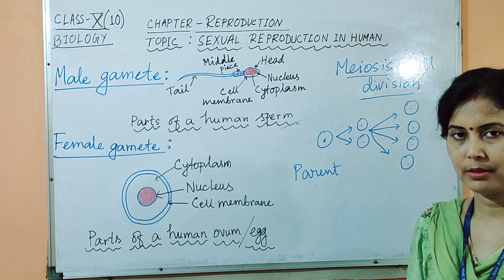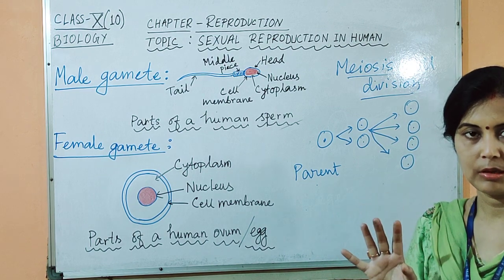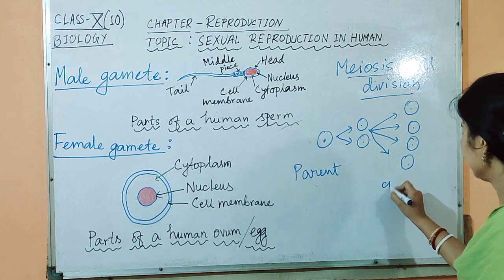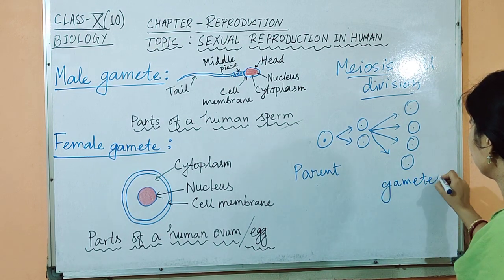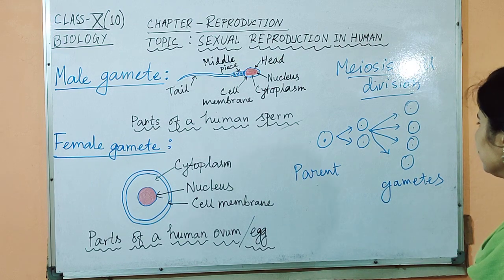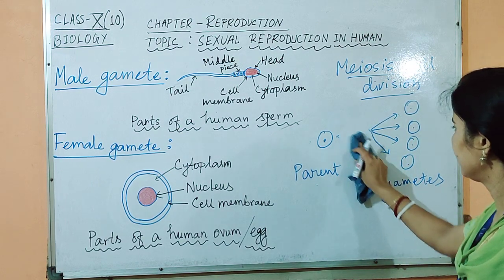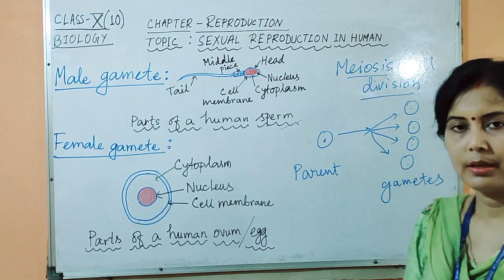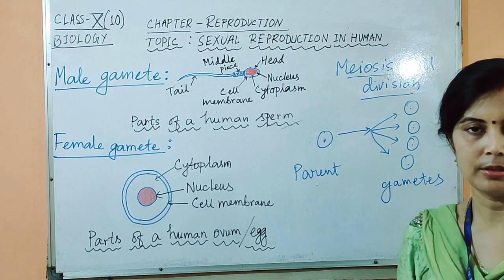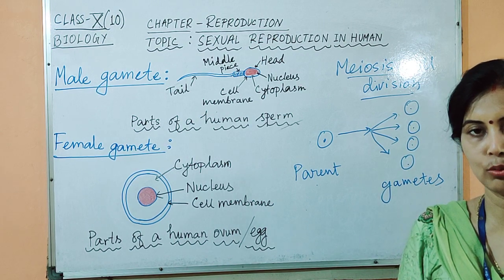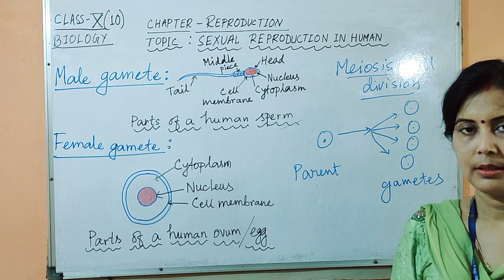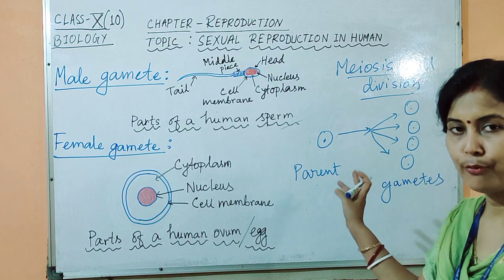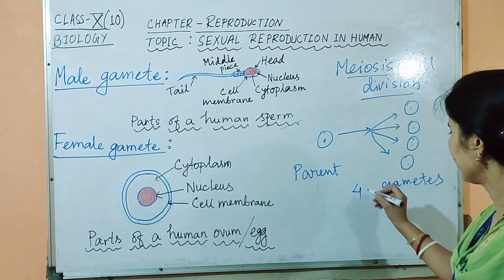The 4 daughter cells which are produced finally transform into 4 gametes. So basically, during the course of division, first the parent cell divides into 2, then in the next level, both the two cells finally produce 4 gametes.